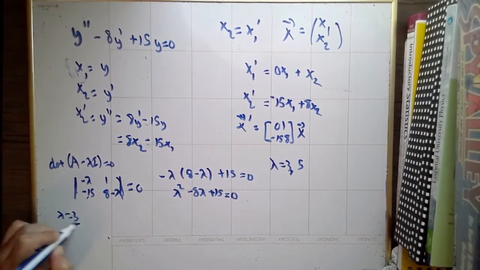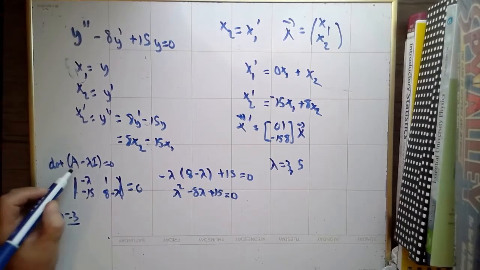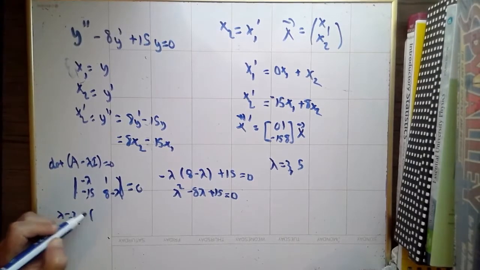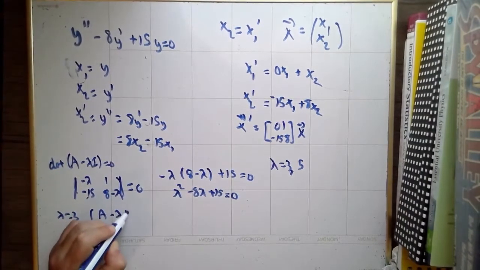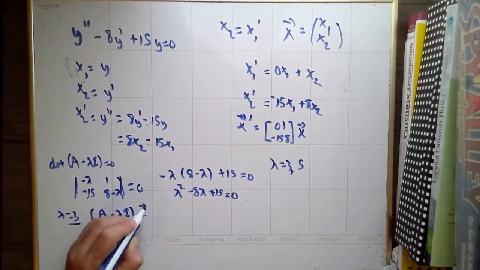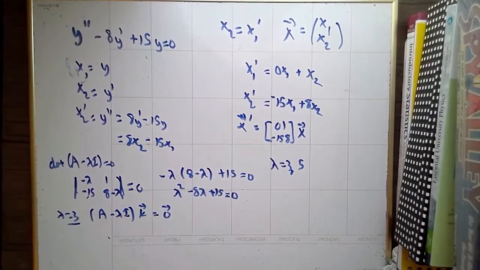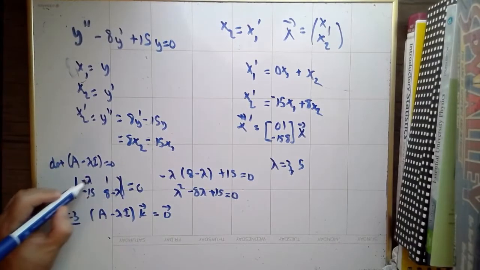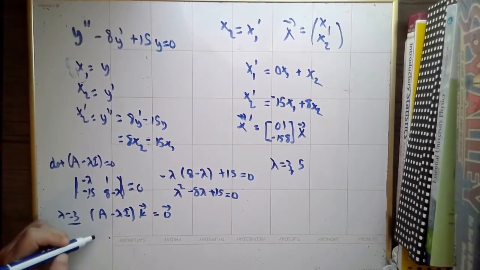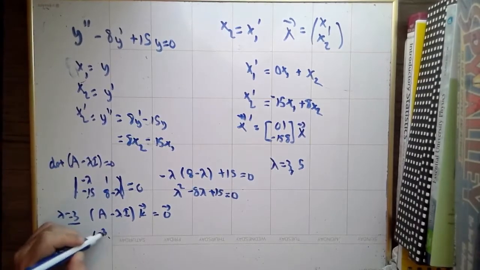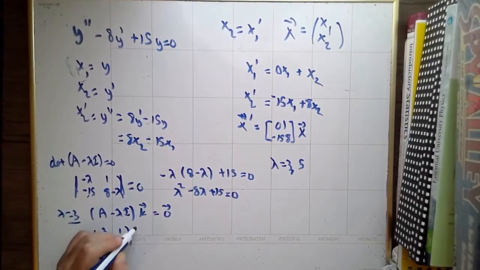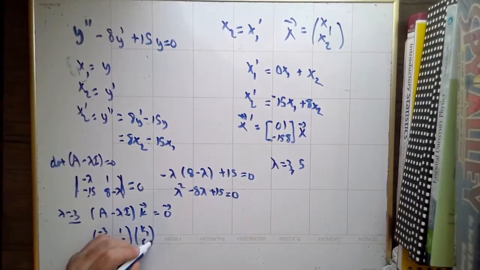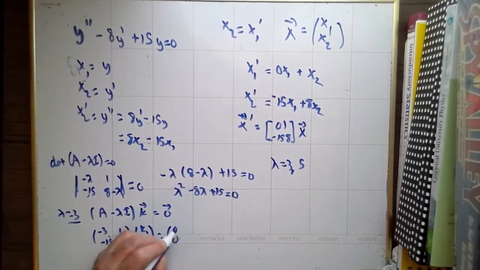For lambda equals 3, I like to do this version, the version that is A minus lambda I times my vector k must equal the 0 vector. So that's this guy. Plugging in lambda, negative 3, 1, negative 15, 5 times k1, k2 equals the vector 0, 0.